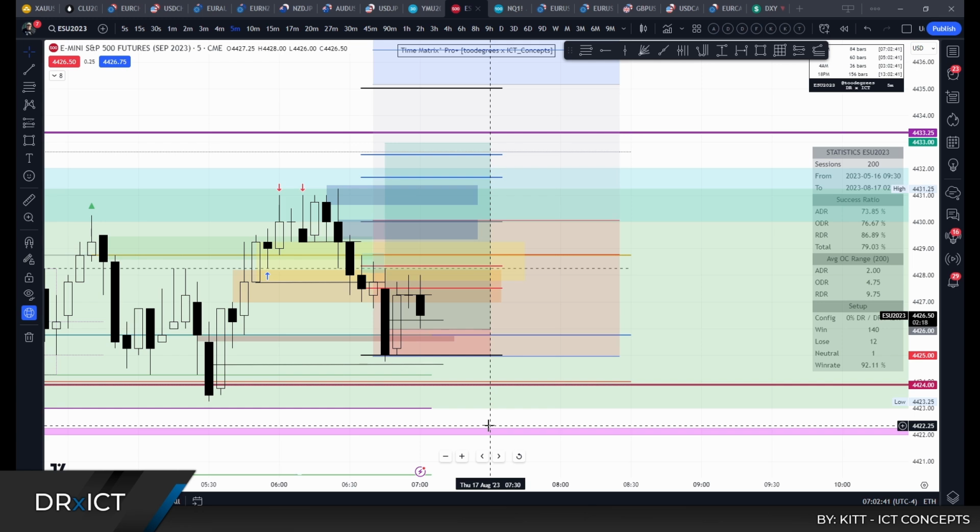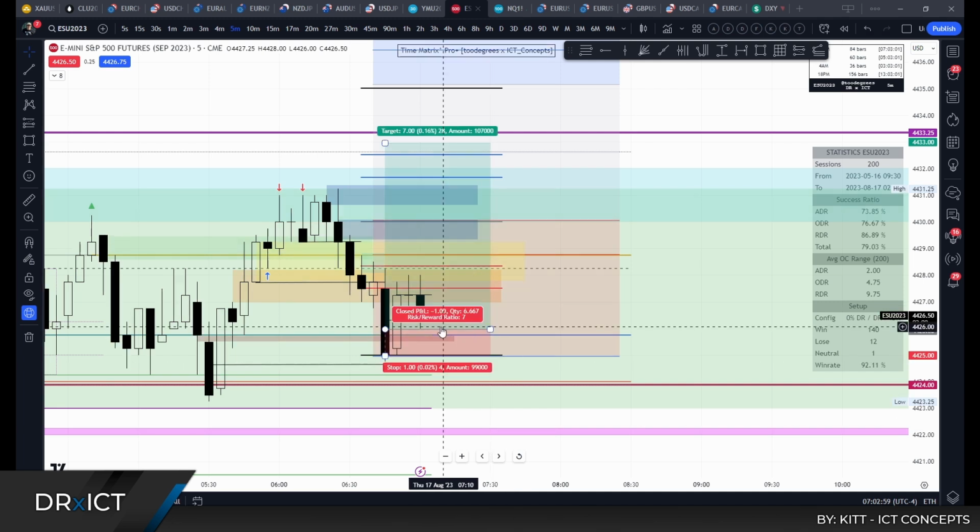So, in all honesty, after this candle prints above the open of that order block, I would actually roll my stop up. I would start decreasing my risk, even though there's only 4 ticks of risk on this trade.